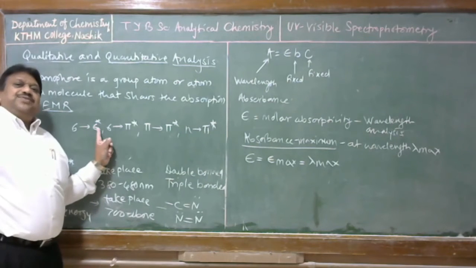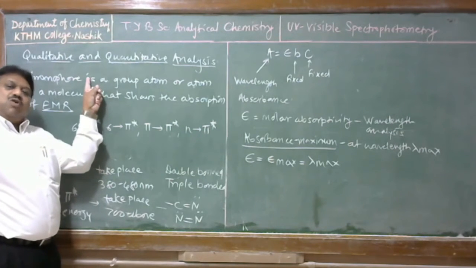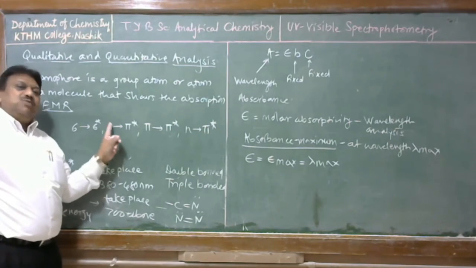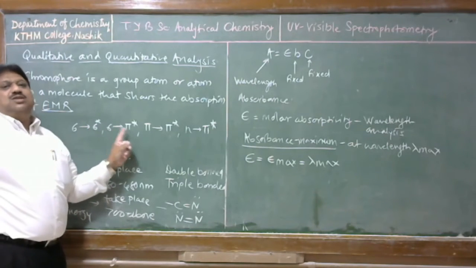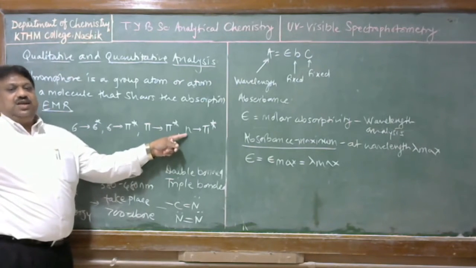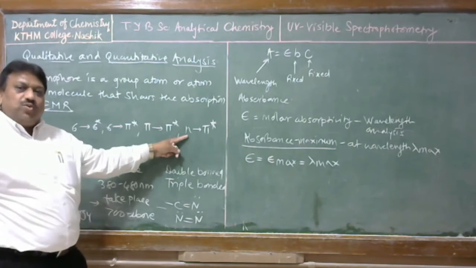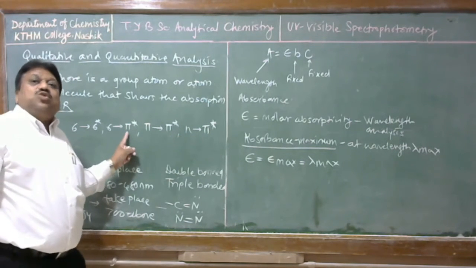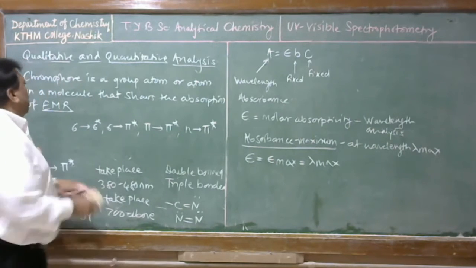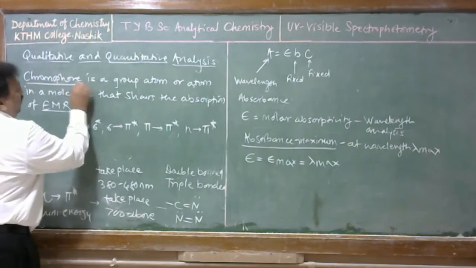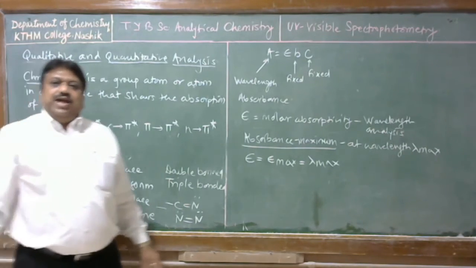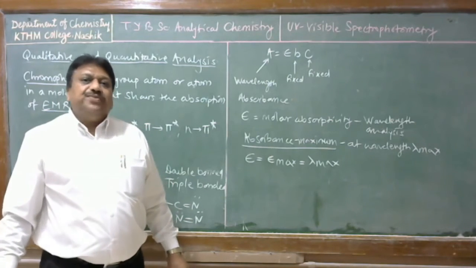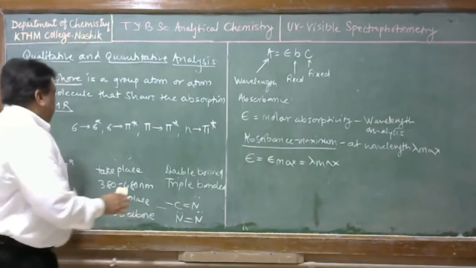This particular group of atoms present in the molecule is responsible for this type of transition, and therefore that group absorbs electromagnetic radiation and is called a chromophore.